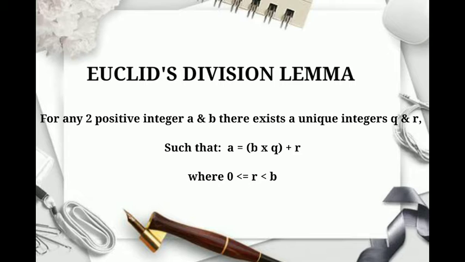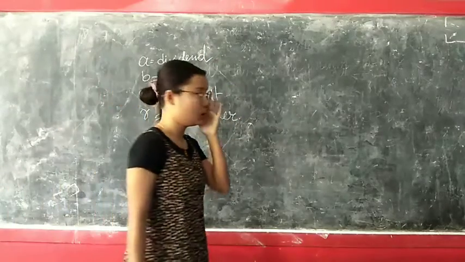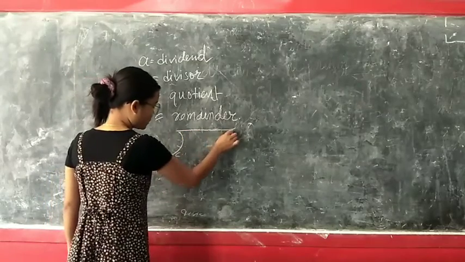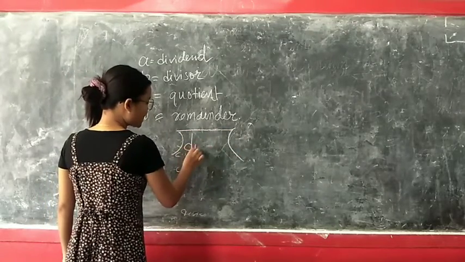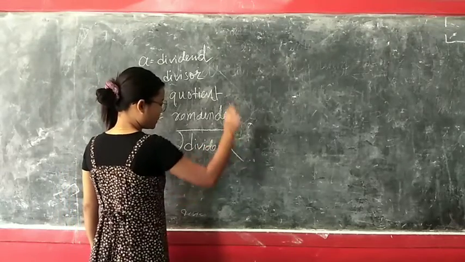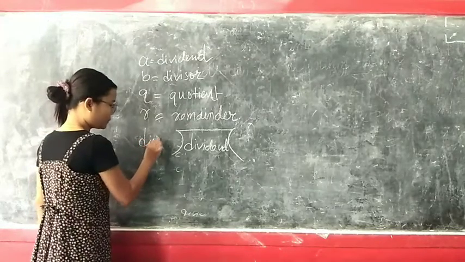Now this lemma might be a bit confusing, so let us study further to know what the lemma actually means. When we usually conduct a division, we make a division box. The number inside the box is known as the dividend. The number outside the box is known as the divisor.